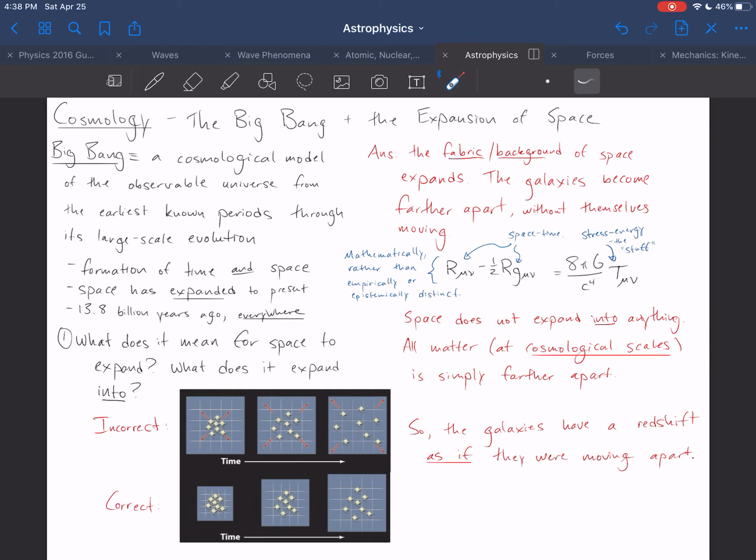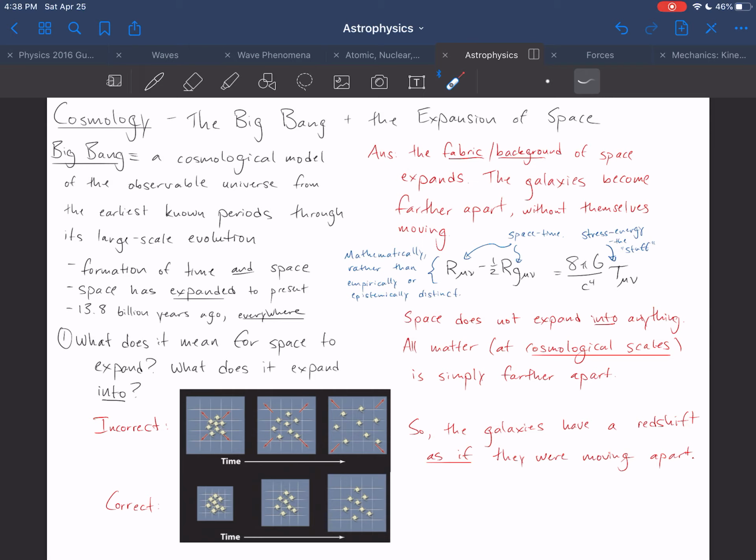And that gives you an estimate of the age of the universe. Notice that at that point in time, every place in space was closer together. Every object in space was closer together. And as a result, it didn't happen in a particular location. It happened everywhere all at once.